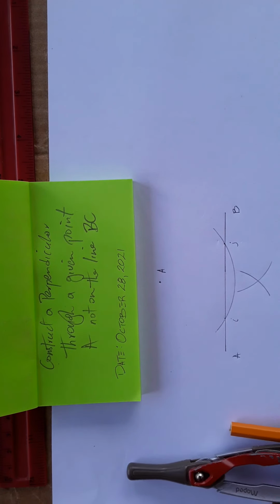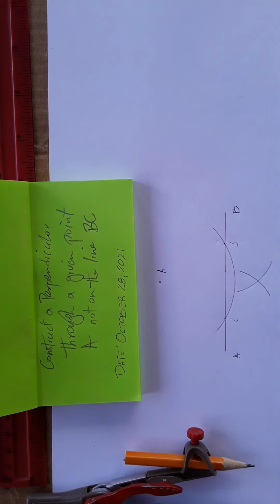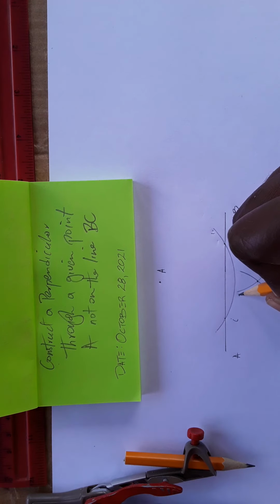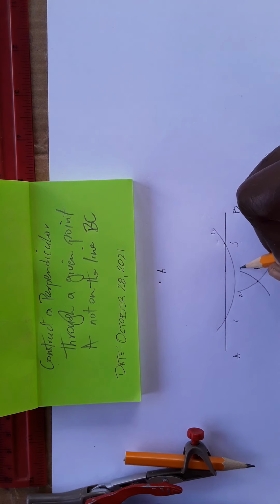Just like that. Then we set carefully aside our compass. So where these two arcs cross each other, a new point of intersection is formed right here, and we are going to call it K. So now we have arc number 1, arc number 2, and arc number 3.